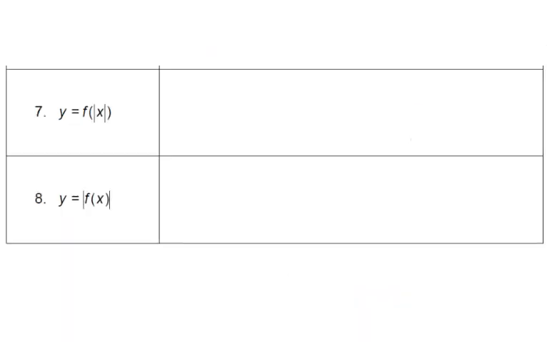Okay? The next two are absolute value transformations. One of them is happening inside, one of them is happening outside, and these two are very strange little things.